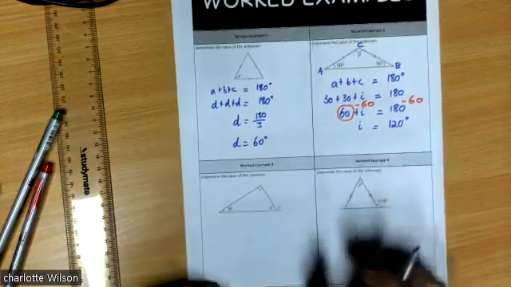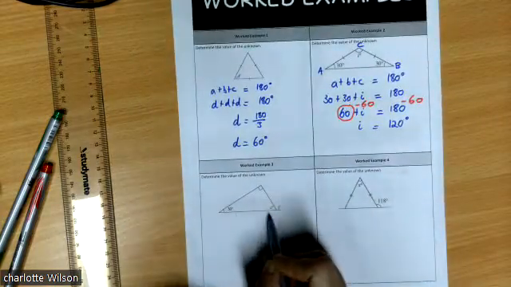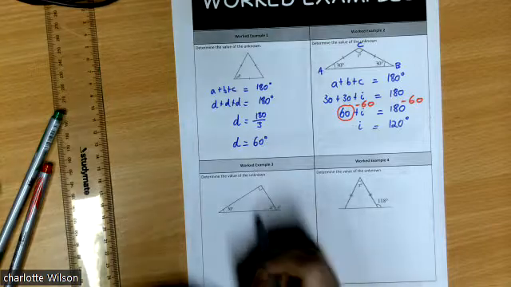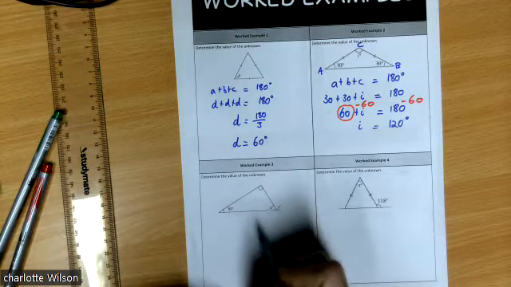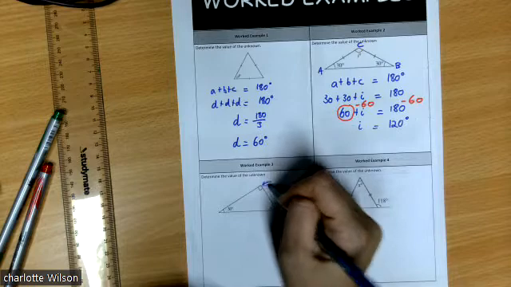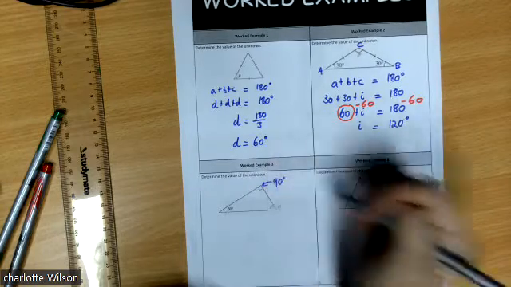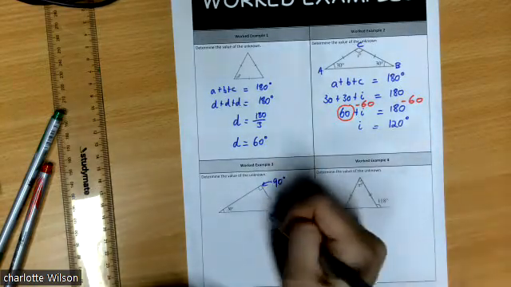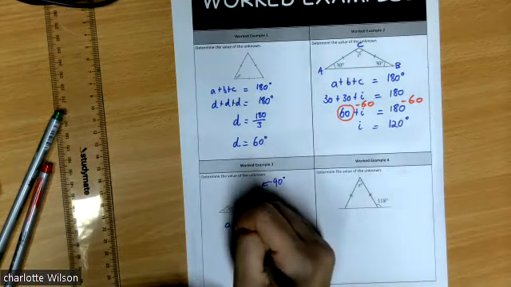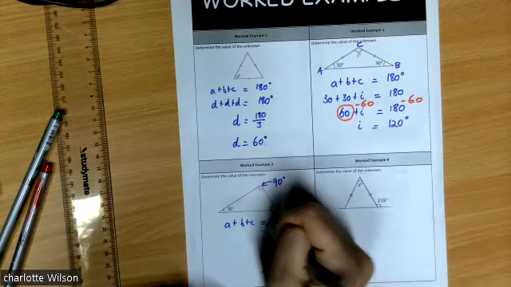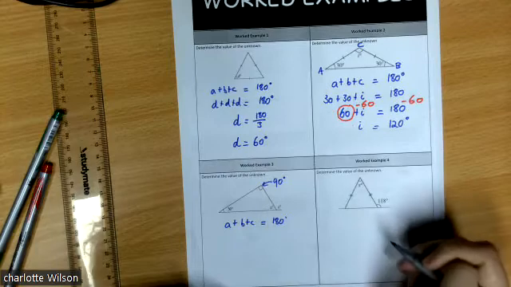Our third example, we want to find the value of A and X. So we know that we've got 30 and 90 in our triangle that is given. Our right angle we know is equal to 90 degrees. So for our interior angles, we've got A plus B plus C is 180 degrees.